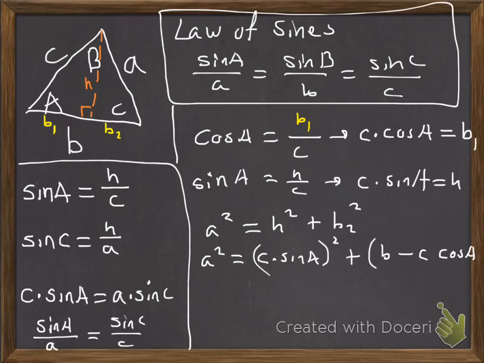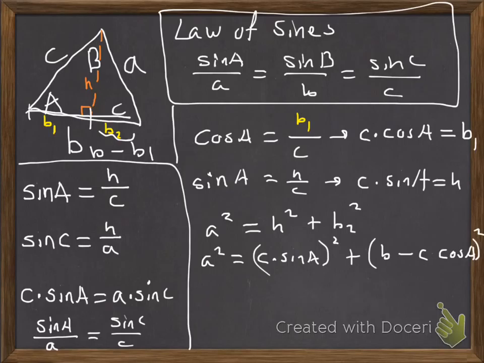B2 right here, we can write as B minus B1. B is the entire length, and then we chop off B1. That's where that's coming from. And I know that B1 is C cosine of A, so we substitute in there.